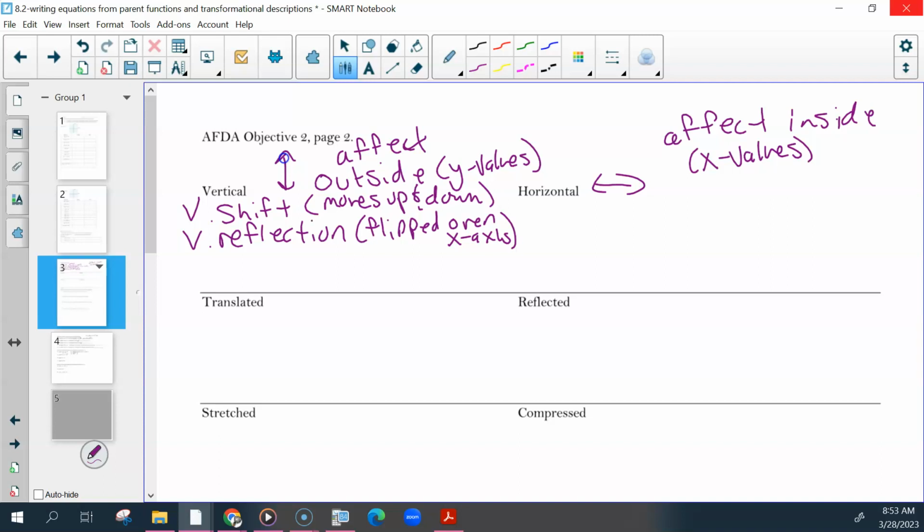And then we talked about vertical stretches and compressions. So vertical stretch, where it gets narrower, and vertical compression where it gets wider.